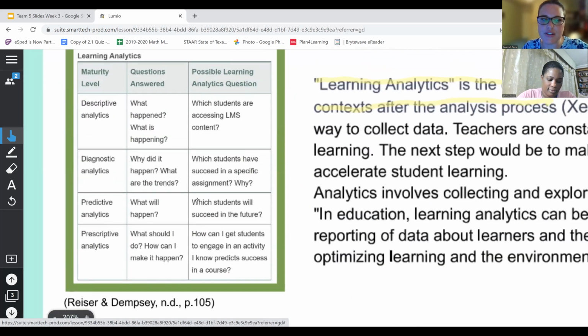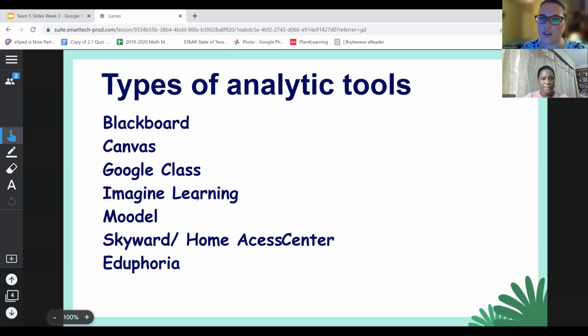has several different types of analytics where we are looking for descriptive analytics, diagnostic analytics, predictive analytics, and prescriptive analytics. We're not going over all of those today, but those are different types. The types that we're going to focus on are the types related to education.